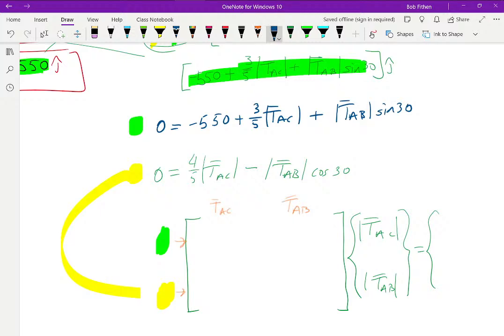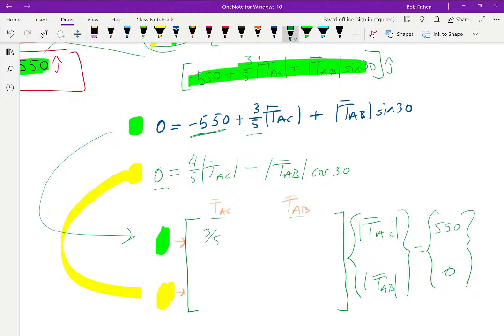So the first thing I see is this 550 goes to the other side, and it's in the green equation. The 0 is out there by itself. So then the coefficient of TAC in the first equation is 3/5.